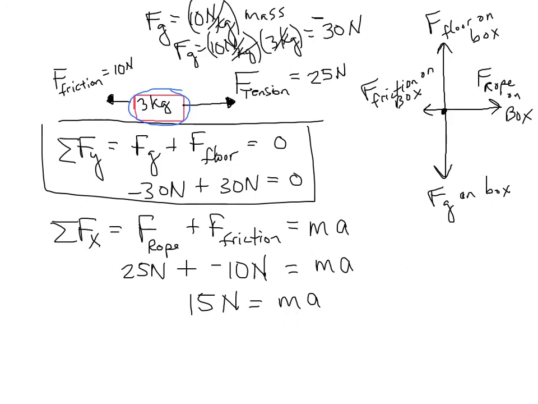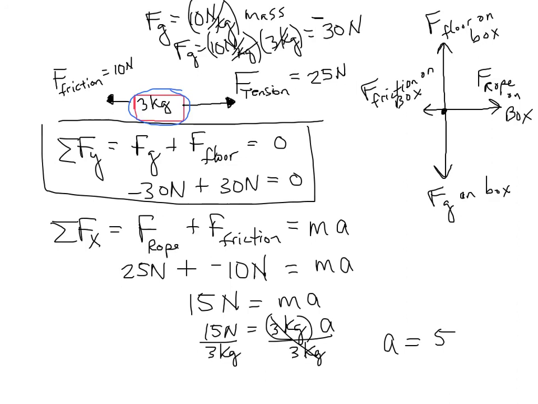So I can continue on here, and I can put the mass of 3 kilograms in for mass, and I still don't know the acceleration. But I can easily find it by dividing both sides by 3 kilograms, which gives me a by itself, as these cancel. And I'll have to rewrite this over here to the side. So a then equals 5 is the value.